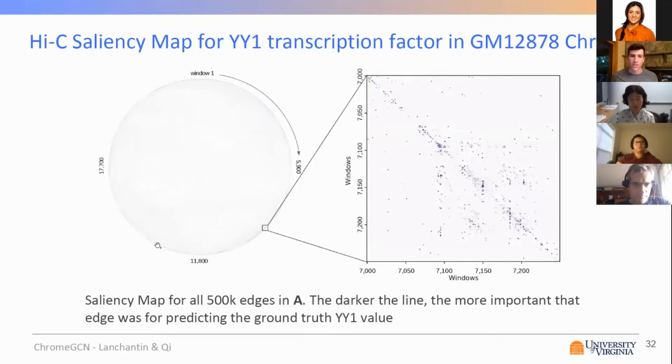What this shows here is the importance of all 500,000 edges that we use for this chromosome, where the darker the line is, the more important that edge was for predicting the ground truth YY1 value. So we can zoom in on a particular subspace of this full adjacency matrix and see which windows are actually important for this YY1 transcription factor.